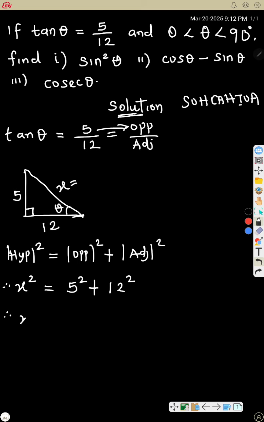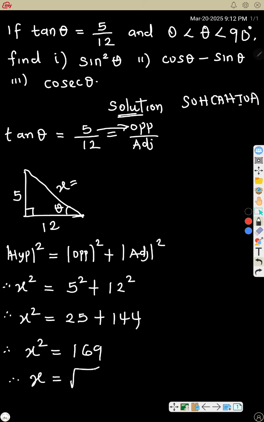So we have s square, so 5 square, that's 25, 12 square, 144. So s square is 169. So s is equal to square root of 169. S equals 13. So that means this side is 13.